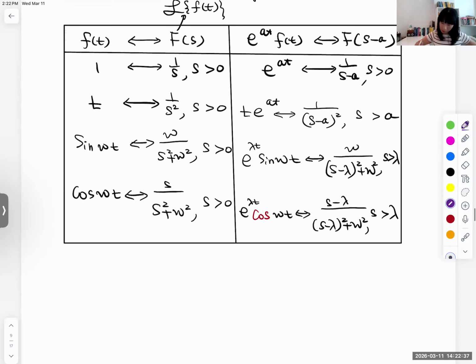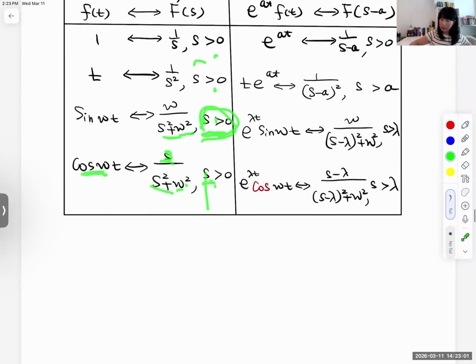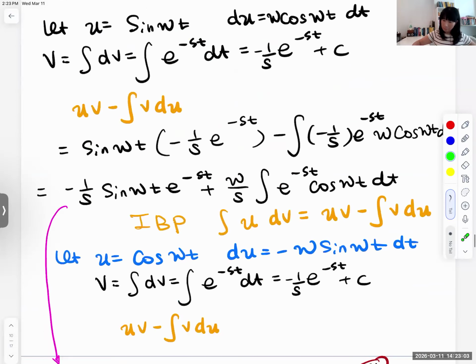So from that, we have sine omega t, then we have omega over s squared plus omega squared, right? And then cosine omega t, we have s over s squared plus omega squared, right? Everything in terms of s, so s must be greater than 0 for convergence, yeah?